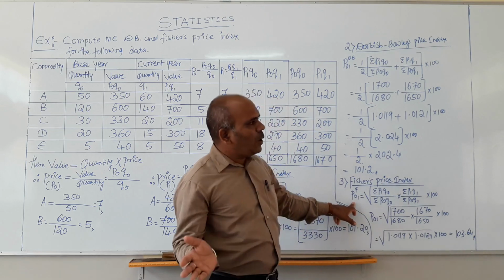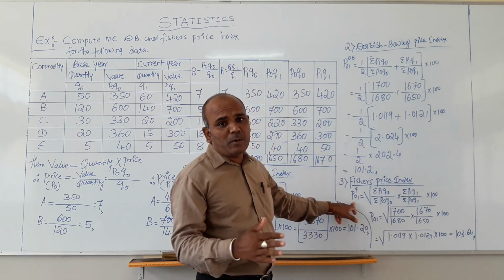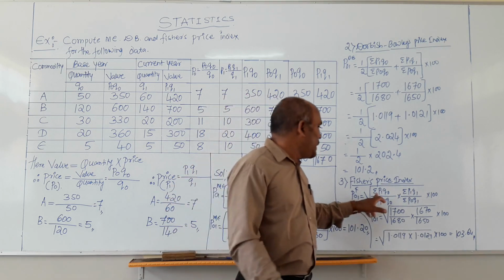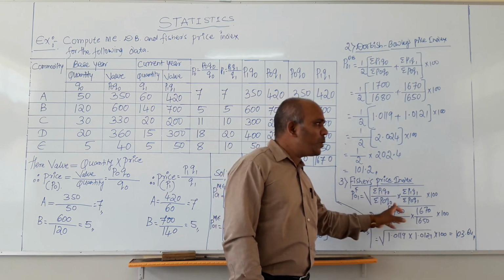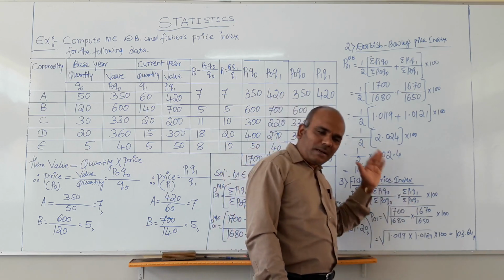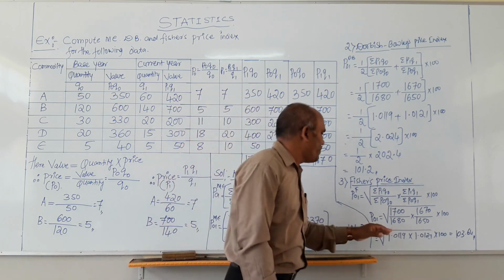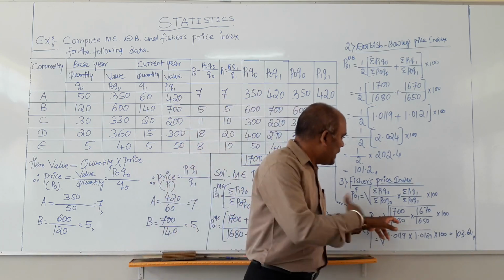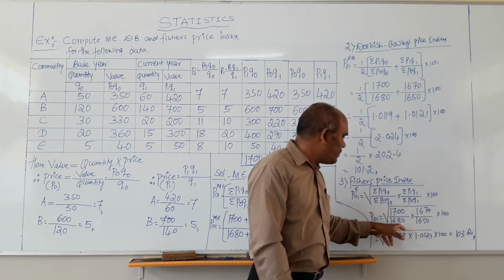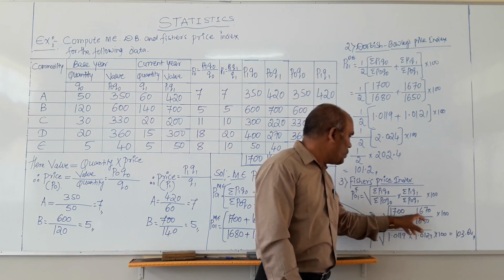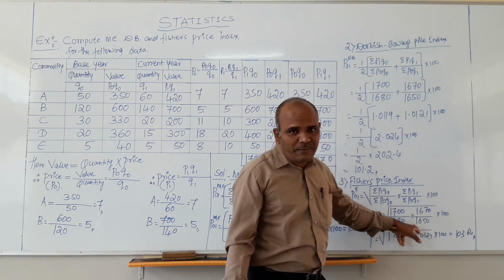So the formula of Fisher's is P01 raised to F equals whole root of summation of P1 Q0 divided by summation of P0 Q0 into summation of P1 Q1 divided by summation of P0 Q1, into 100. This is the formula. Then put the values as per the formula we mentioned here, 1700 divided by 1680 into 1670 divided by 1650.